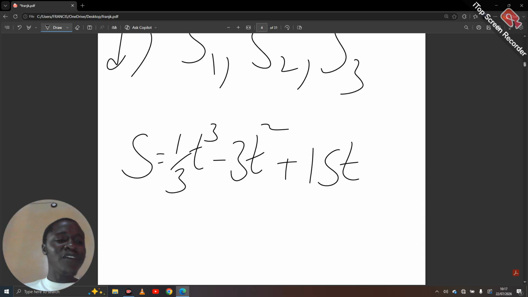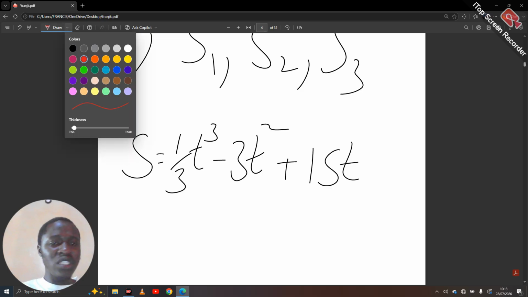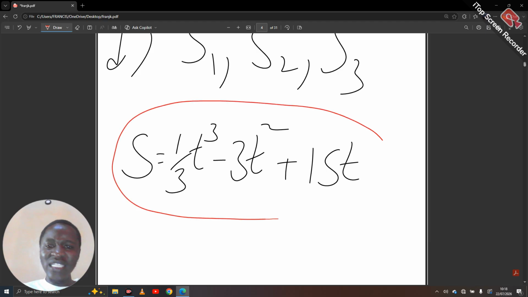You can't get the constant C at this point because there's no further explanation for getting it. There's no initial condition, no other provided information. So the expression you will use is only this one, because plus C will not help you anywhere.